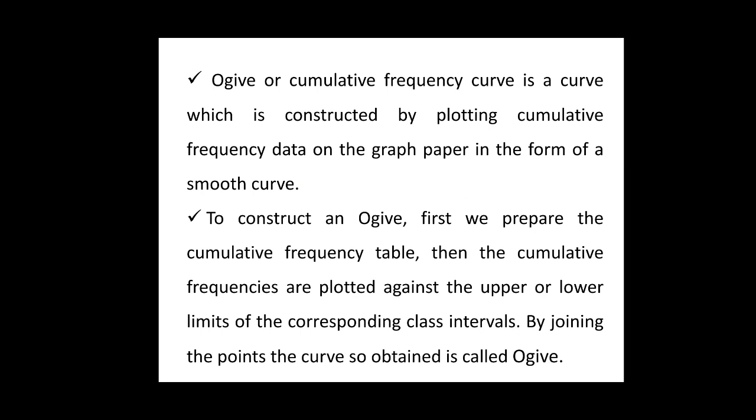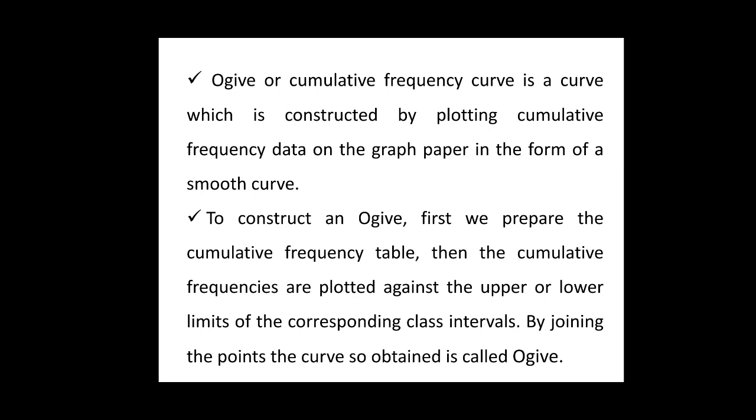It's a graph that is used to estimate how many numbers lie below or above a particular value in data. That is, it allows us to estimate the number of observations that are less than or greater than a particular value in a data set.